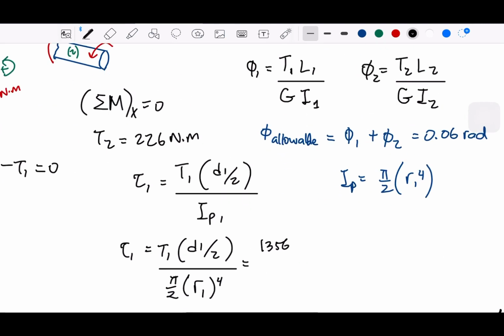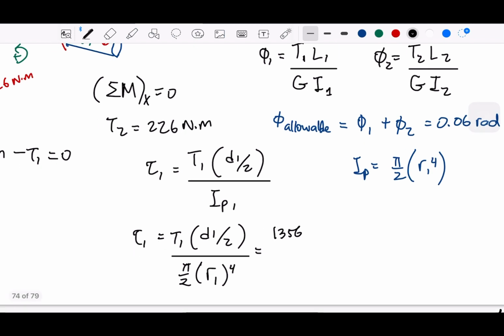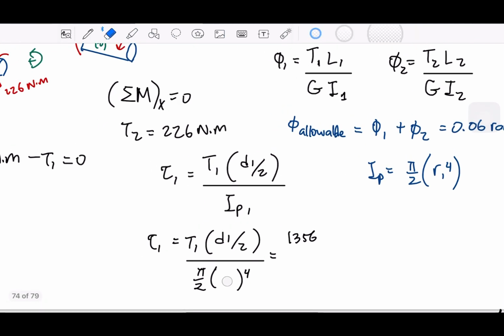Over 2. Okay. So 16. So it's cancelled here. So it will be 16. And then cancel this part.